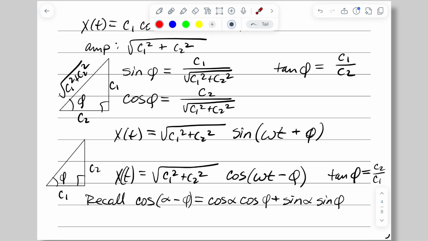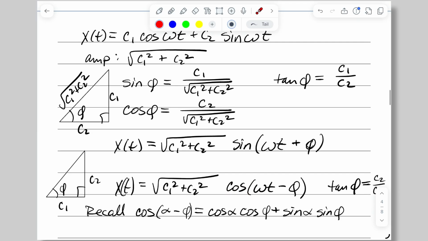You talked me into it. I'll give it to you quickly here. Remember that the difference formula for the cosine function is cosine of alpha minus phi equals cosine alpha cosine phi plus sine alpha sine phi. So to represent this as a cosine instead of a sine, when we used the sine, c1 was associated with the sine function.